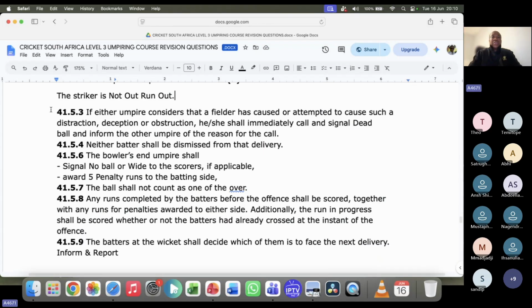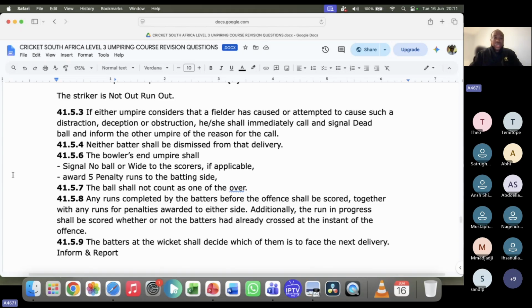If either umpire considers that a fielder has caused or attempted to cause a distraction, deception, or obstruction, he or she shall immediately call and signal dead ball and inform the other umpire of the reason for the call. Neither batter shall be dismissed from that delivery. The umpire shall signal no ball or wide to the scorers if applicable. Award 5 penalty runs to the batting side.